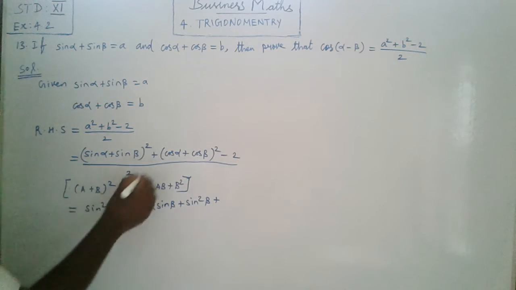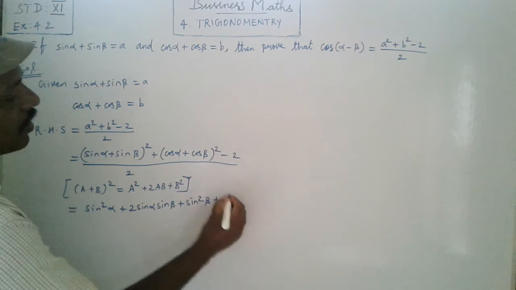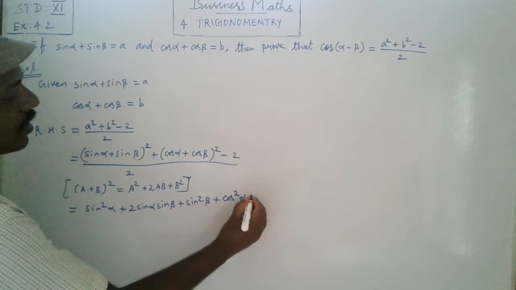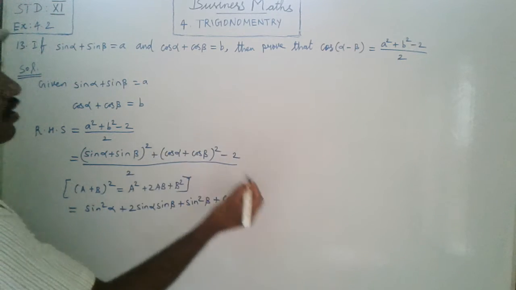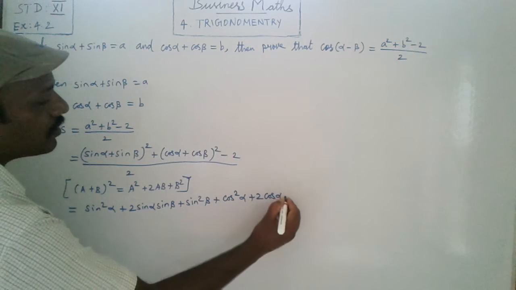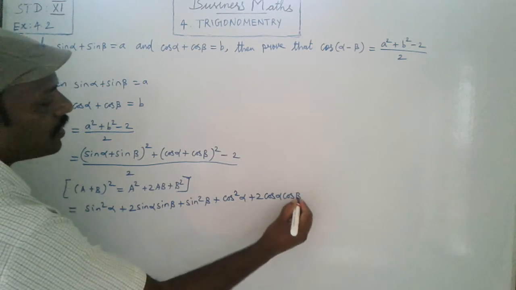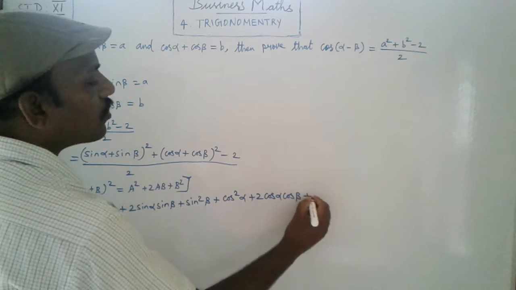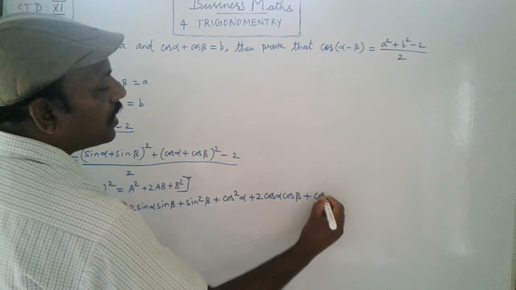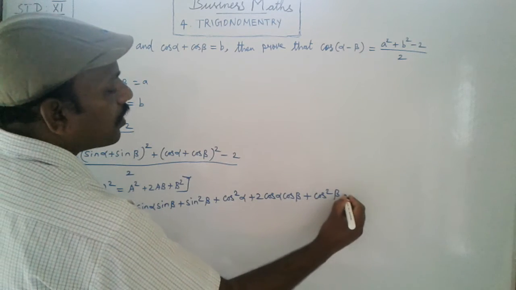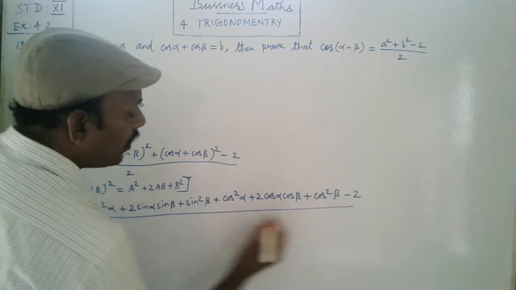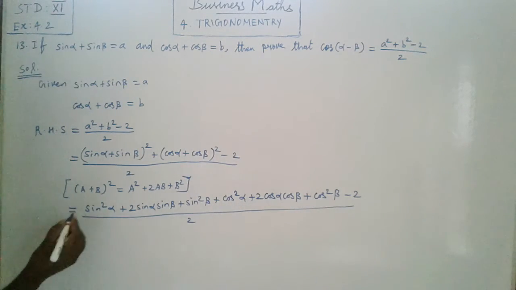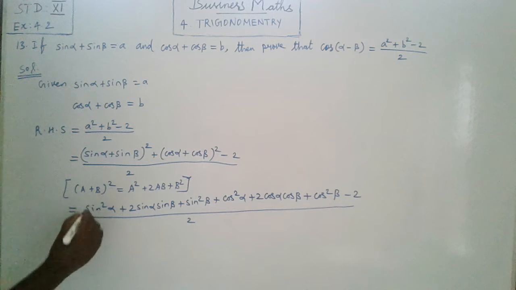Same formula we should use: cos square alpha plus 2 into cos alpha cos beta plus cos square beta, minus 2, divided by 2.